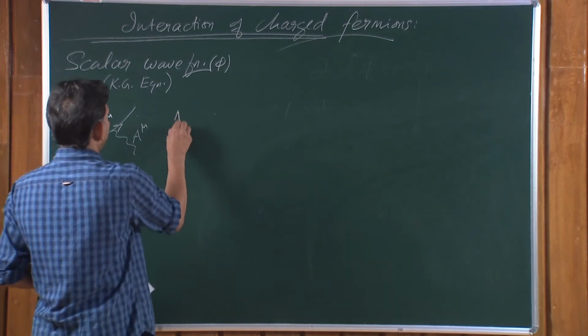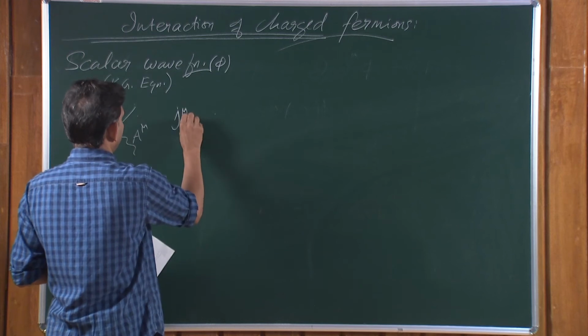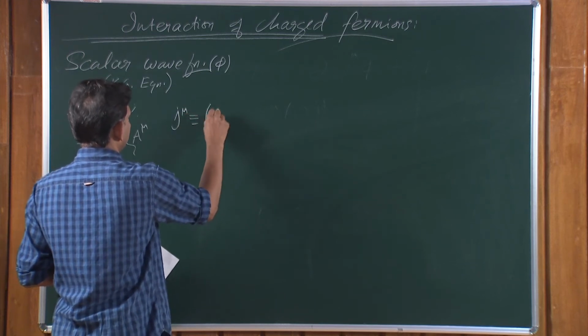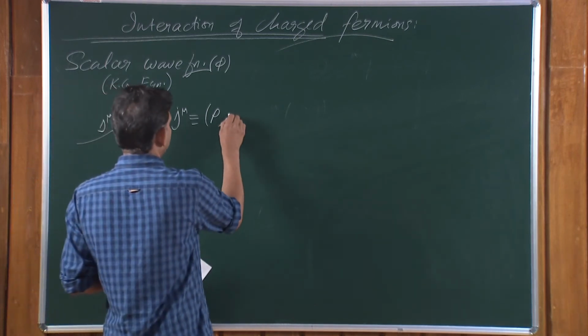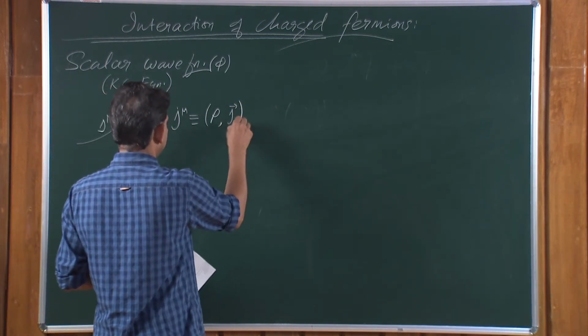where J mu is equal to, there is the zeroth component which is rho, and j.